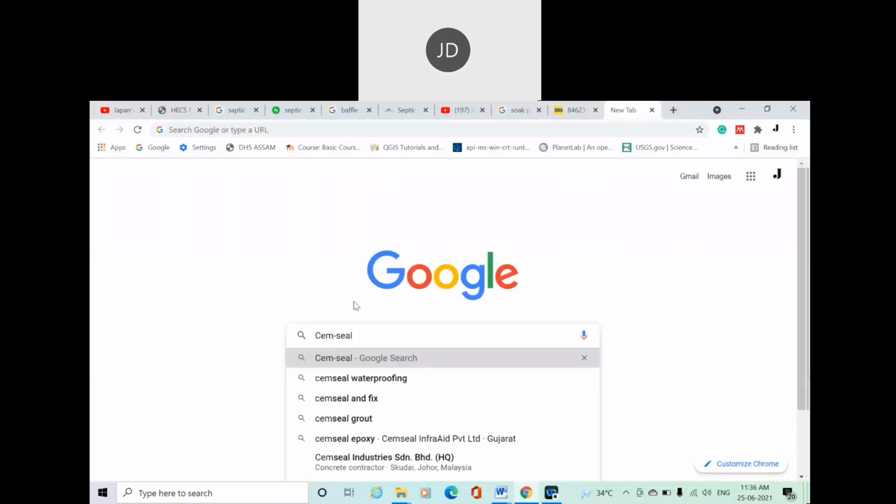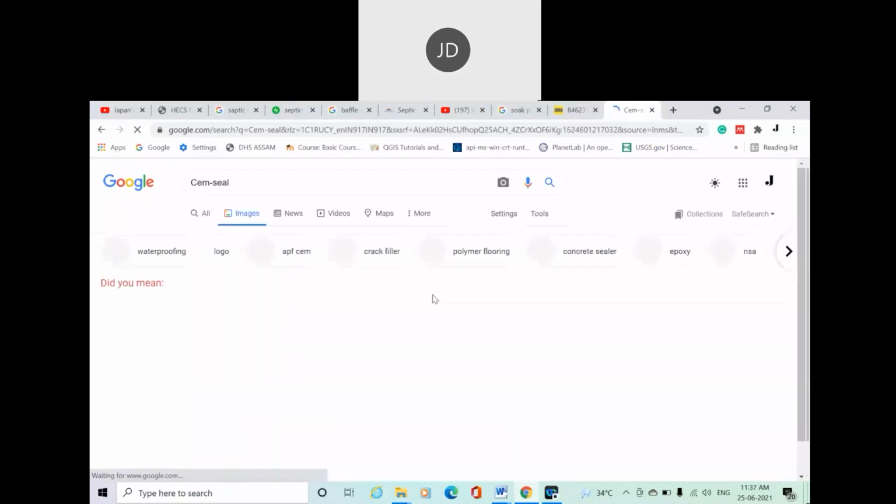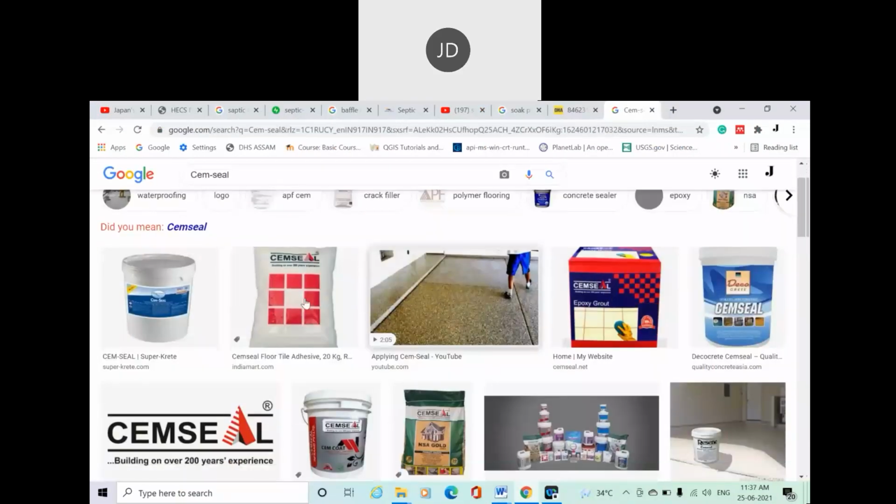Chemseal comes in a pack like this. It can be used with the cement while plastering the wall or the floor. It works as a waterproofing agent.